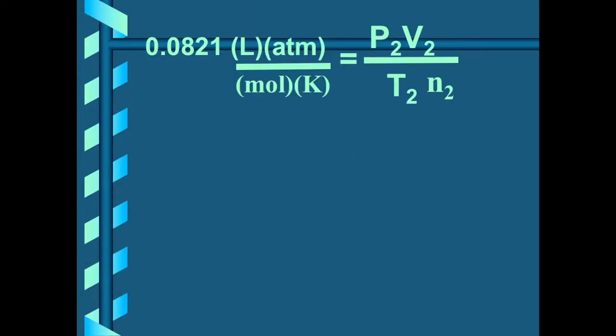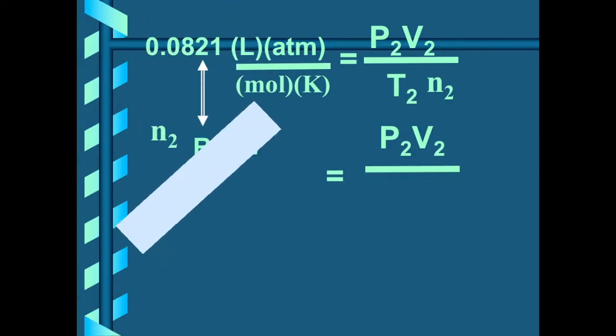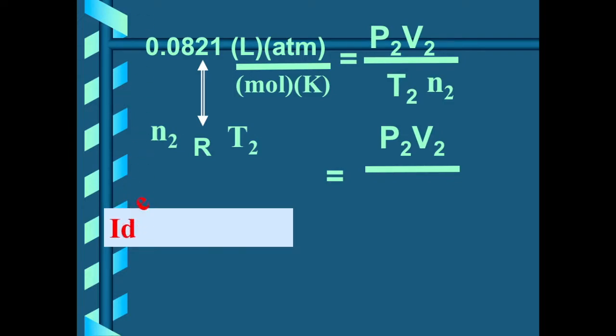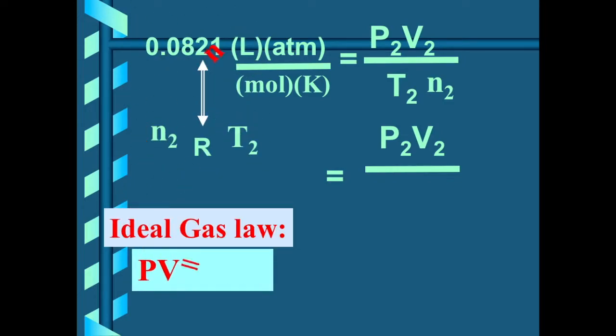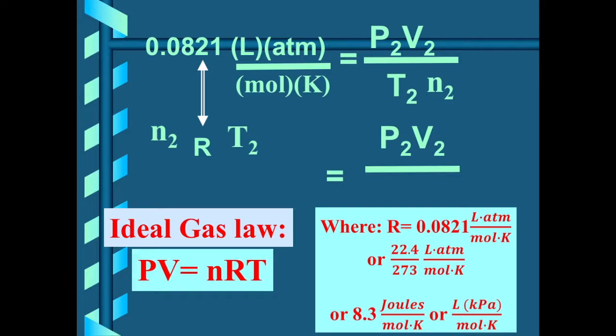So this 0.0821 will be represented as R. Creating now our ideal gas law formula, we have n multiplied by R multiplied by T. Therefore, we have the ideal gas law formula, which is known as PV equals nRT, where R is equal to 0.0821 liter atm per mole Kelvin.